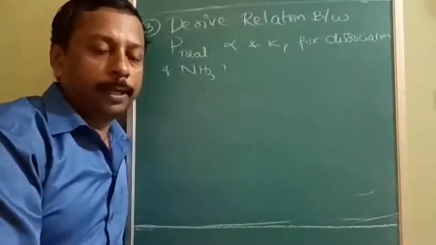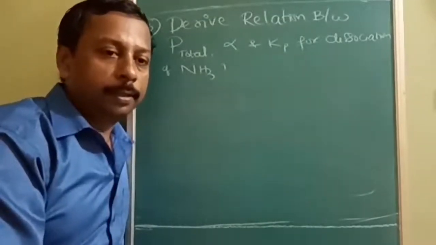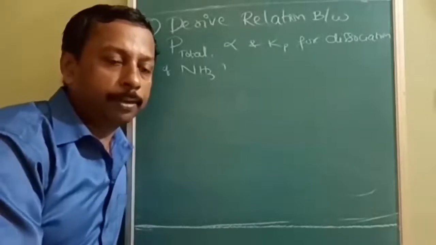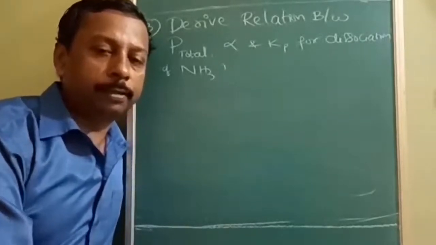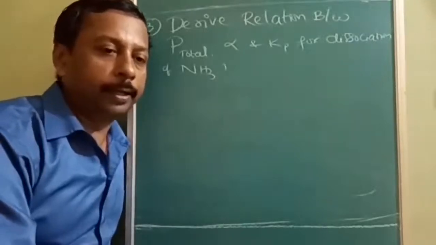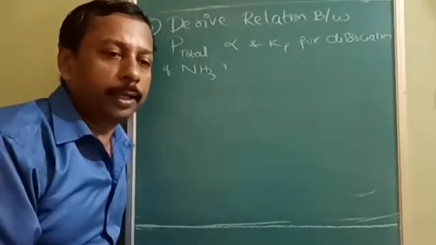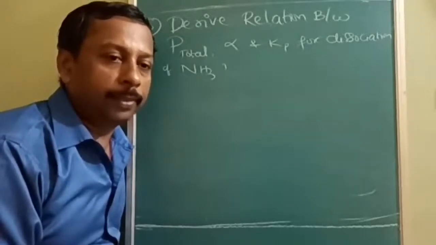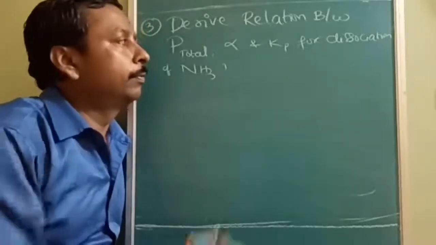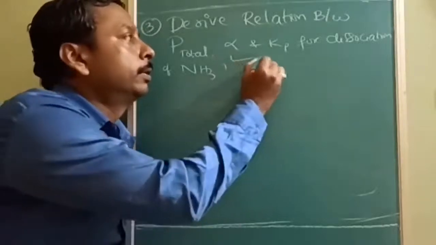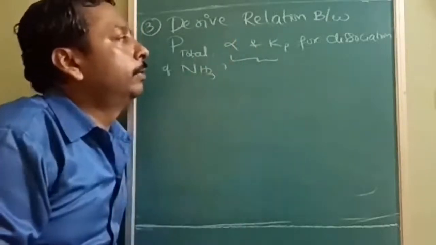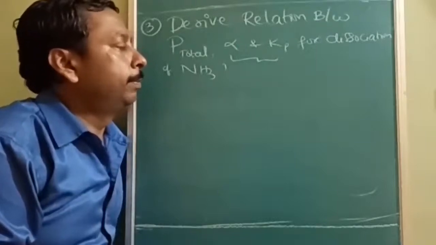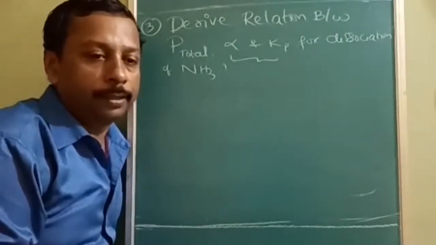I have explained the derivation, and that will be a part of the numericals. The derivation procedure plays a vital role when the number of moles is other than 2 moles, because then different types of questions may be asked, like derive the relationship between P total, alpha and Kp for dissociation of NH3.